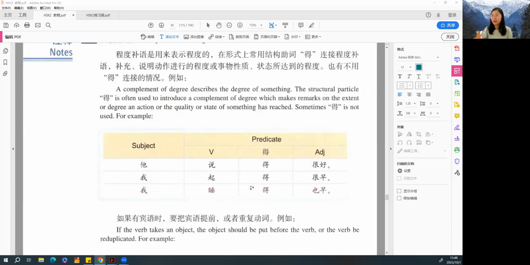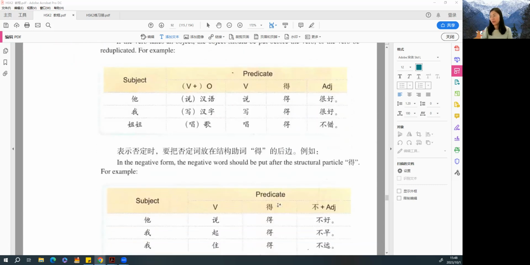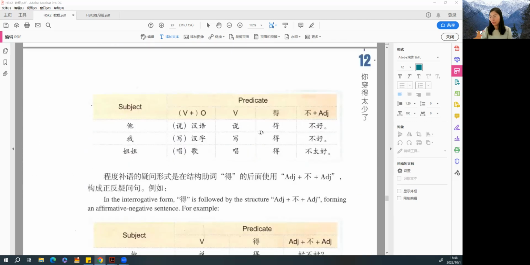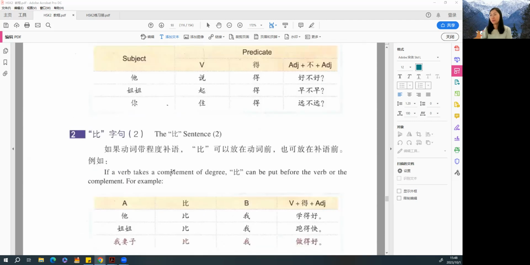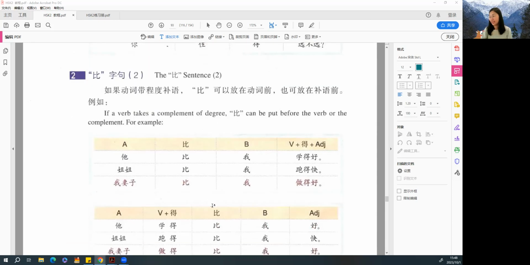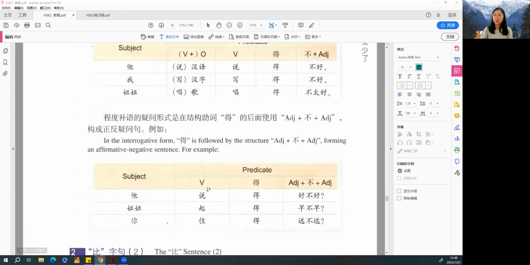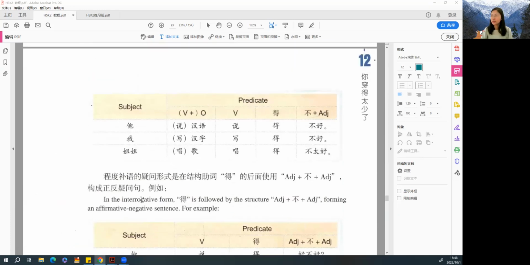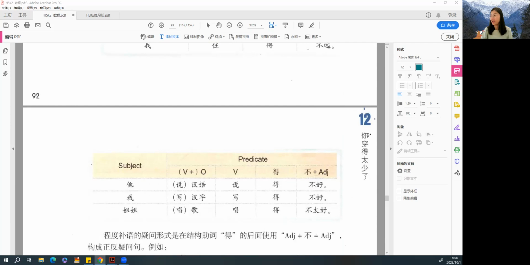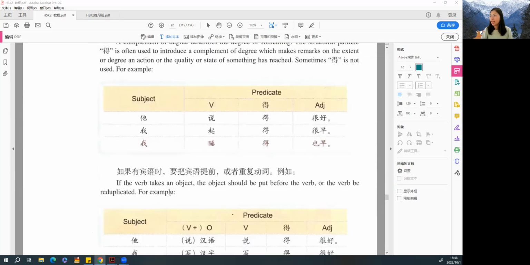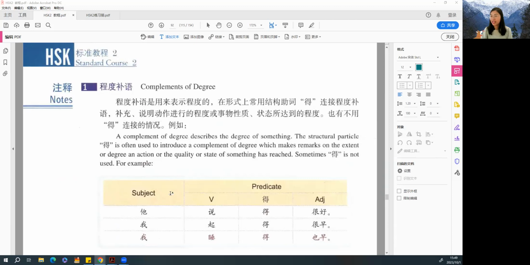We are going to take a closer look at this in our next class, and also 比, another comparison, and also our exercises. So we will continue those in our next class in lesson 12. And yes, that's it for today. I hope you enjoyed today's class, and we'll see you next time, and we'll continue lesson 12.